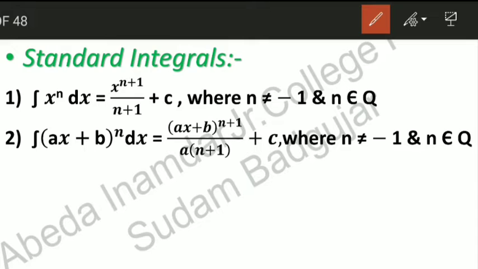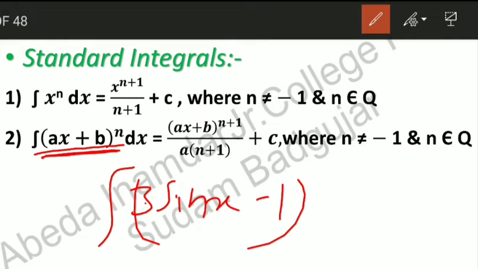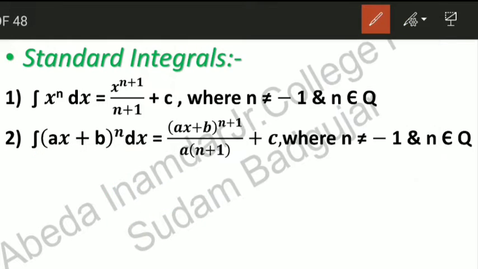I am telling you again and again, here it is only a linear polynomial raised to n. It is not possible for 3 sin x minus 1 bracket cube. This is not a linear polynomial, it is a trigonometric form. We cannot integrate like this by ax plus b, so remember it should be linear.